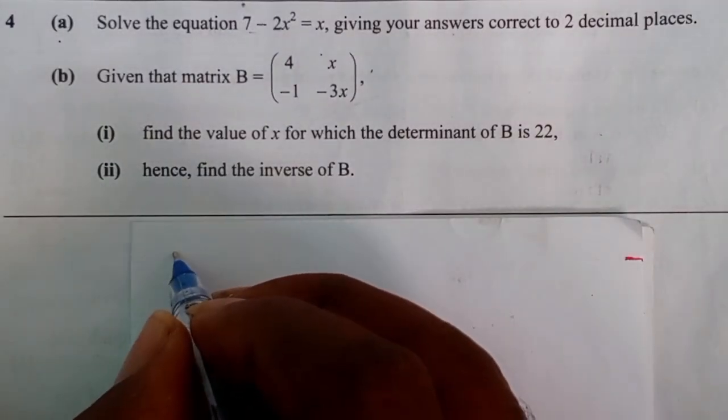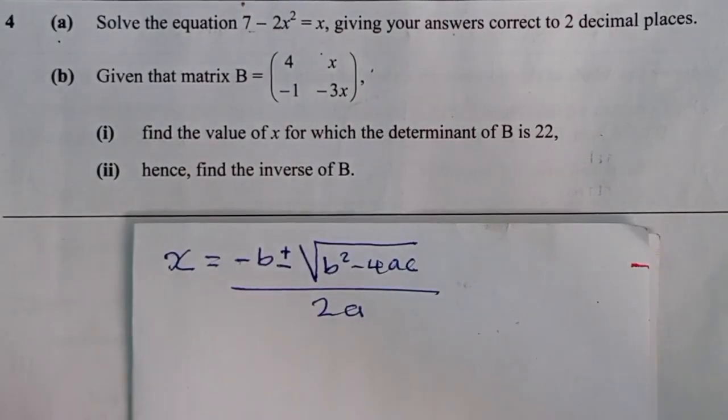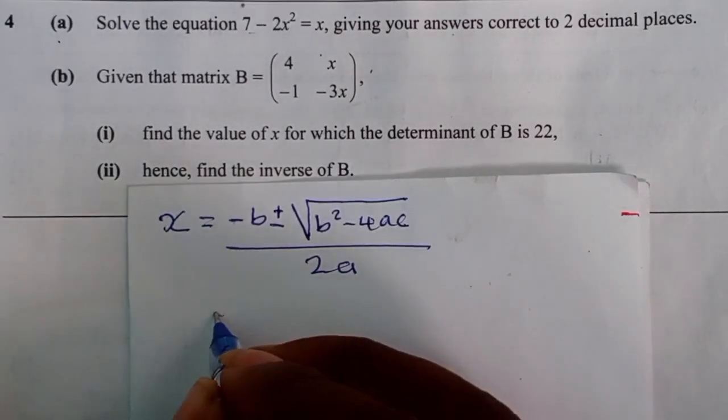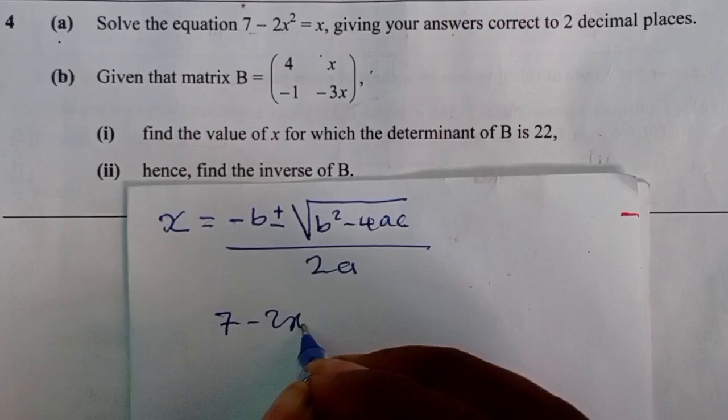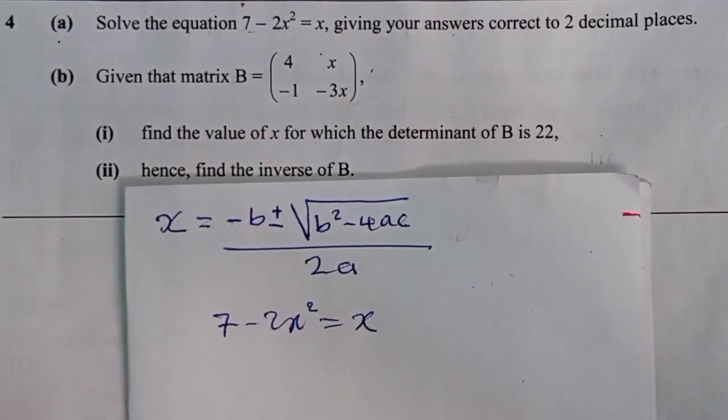So the quadratic equation formula goes by x equals, okay. The equation is 7 minus 2x squared equals x.